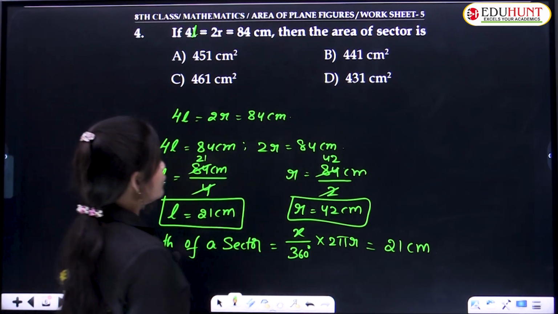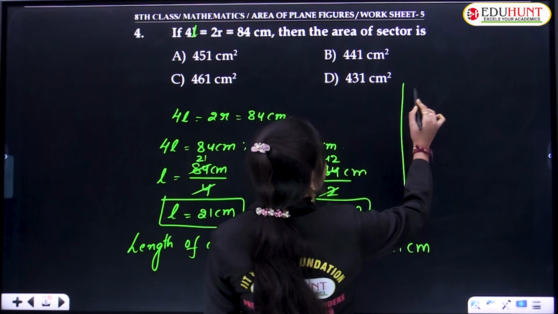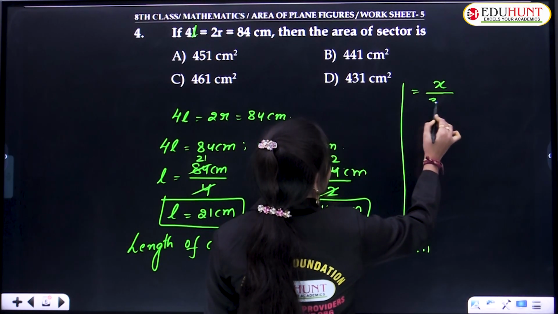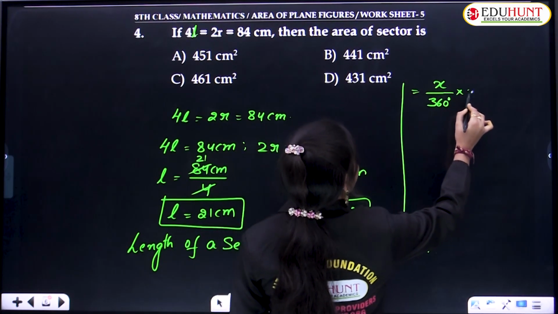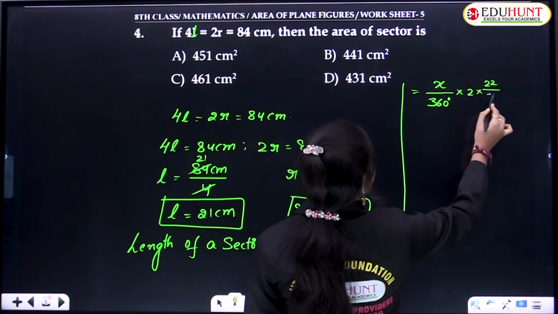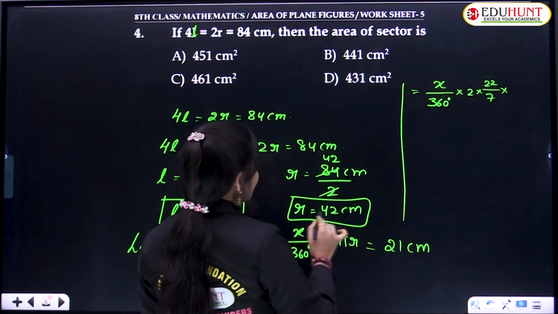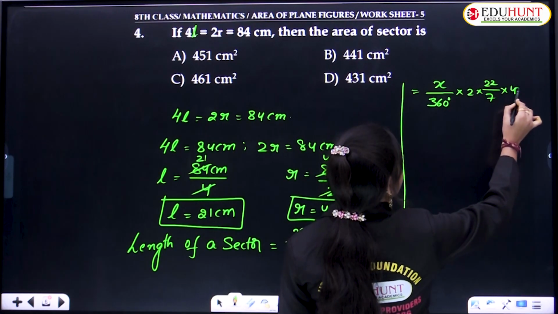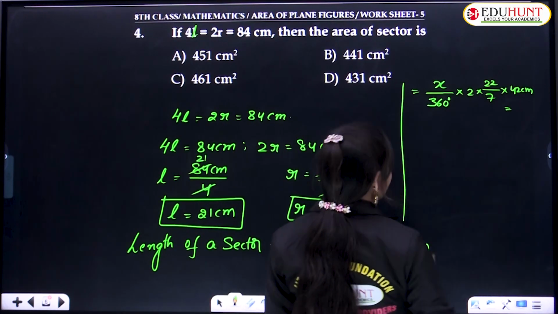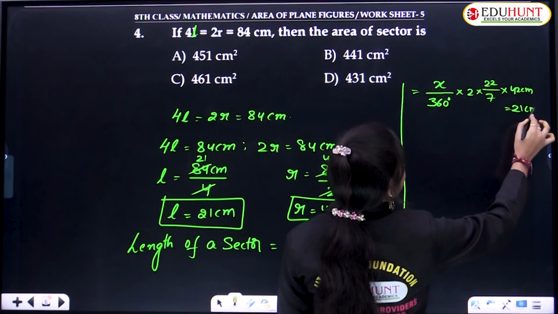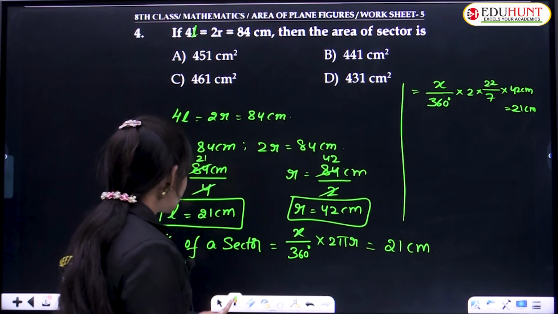Now just substitute those values here: x by 360 degrees into 2 into pi is equal to 22 by 7 into R is equal to 42 centimeters, which is equal to the length, 21 centimeters. Now see the cancellations here.